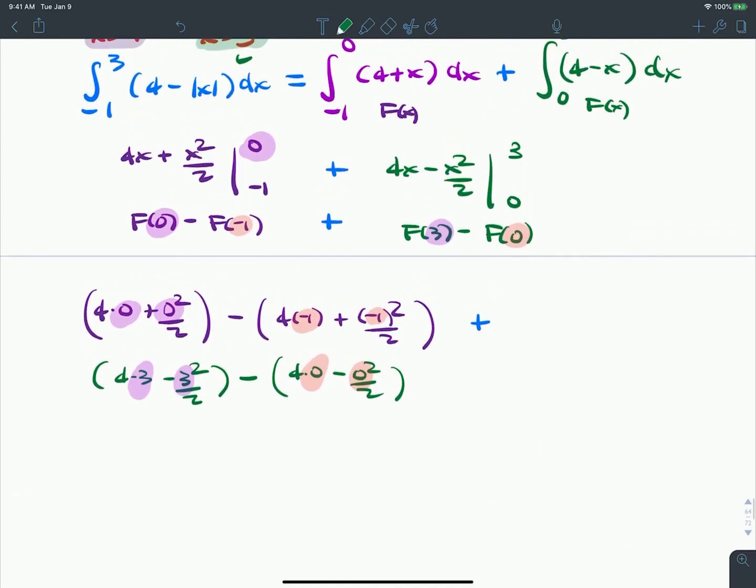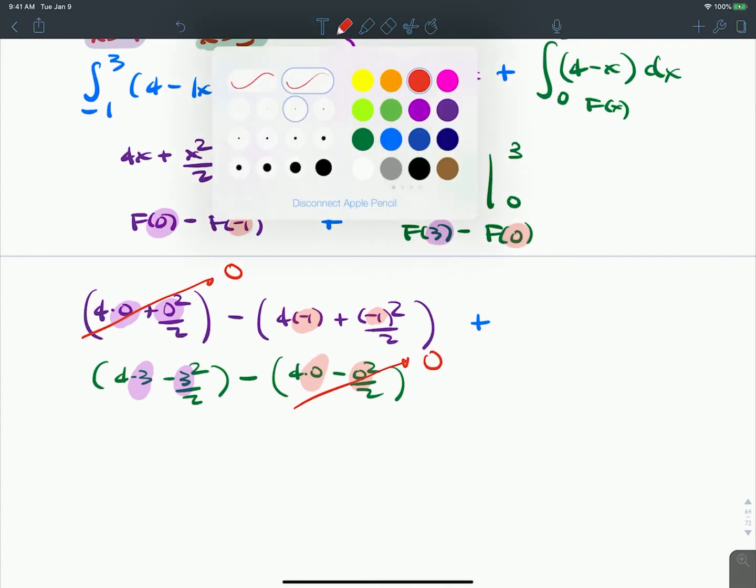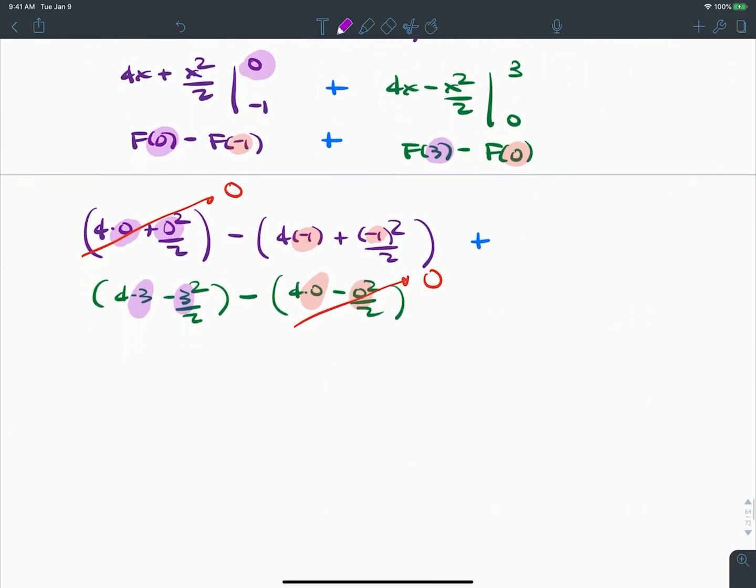I want to point out a couple of nice situations. Because we have 0, that's 0. Because I have zeros here, this is 0. So this is kind of nice. Let's look at the purple situation now.